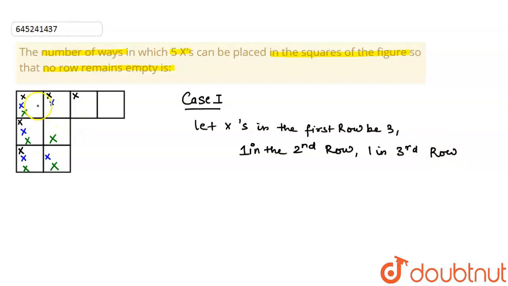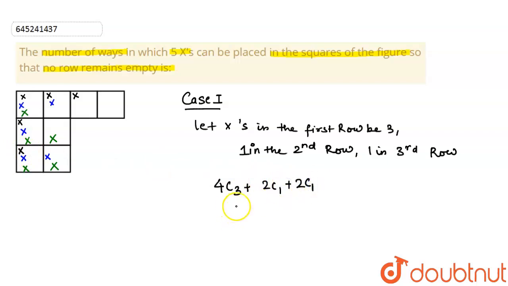So from here, how many total boxes are there in the first row? 1, 2, 3, 4. And how many have I selected? 3. So this would be 4c3, and in the second row, there are 2 boxes and I have selected one of the boxes. So this would be 2c1. And on the third row, I have selected one box out of 2 boxes. So this would also be 2c1.